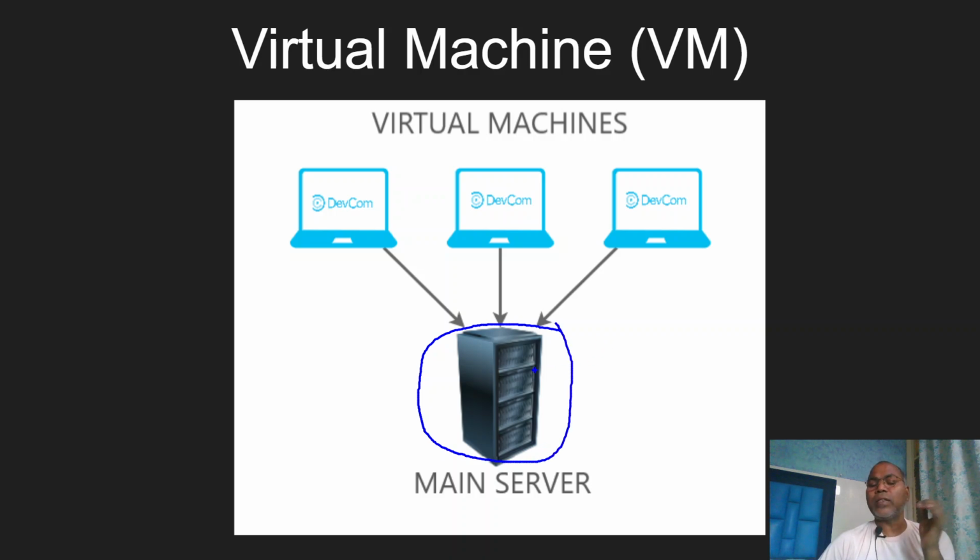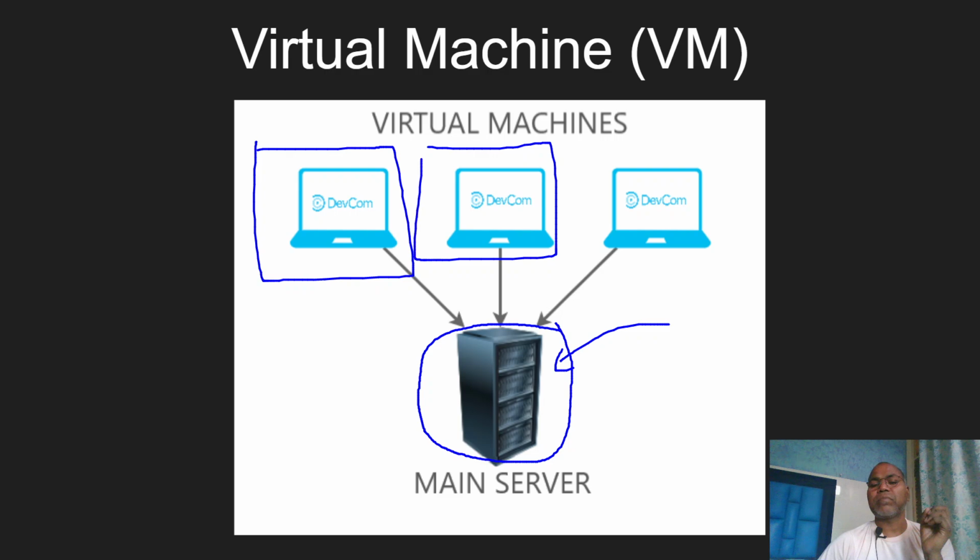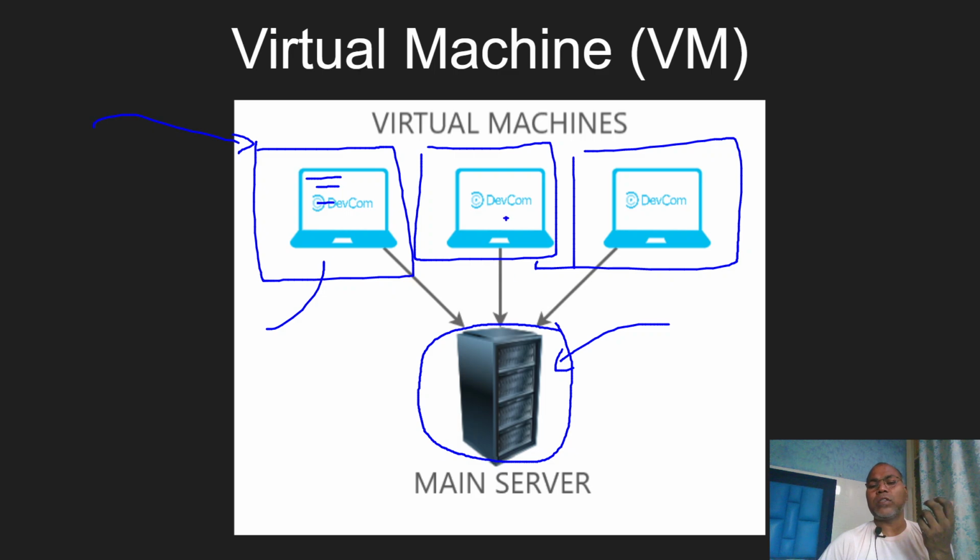It has hardware and software. So is it possible that my one hardware and one software can make different machines for us? Nowadays this is known as a virtual machine. From the user perspective, they look like complete machines. They have a complete username, login, password. Maybe this is a Linux machine, this is a Windows machine, this is a different machine, you can say.